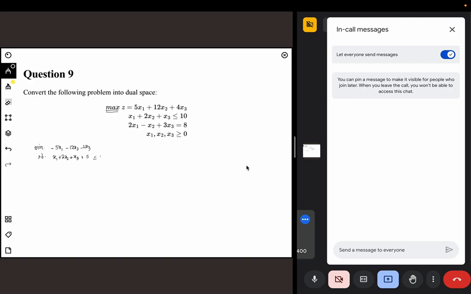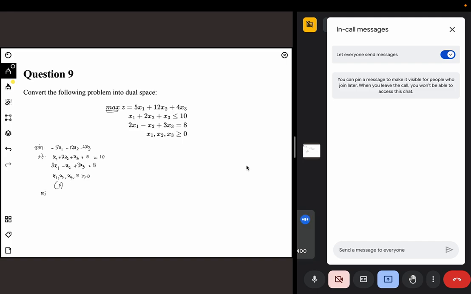After adding the slack variable, this will be an equality constraint, and then you have 2x1 minus x2 equal to 8, and then you have x1, x2, x3, and s greater than or equal to 0. Now this is in the standard primal form.